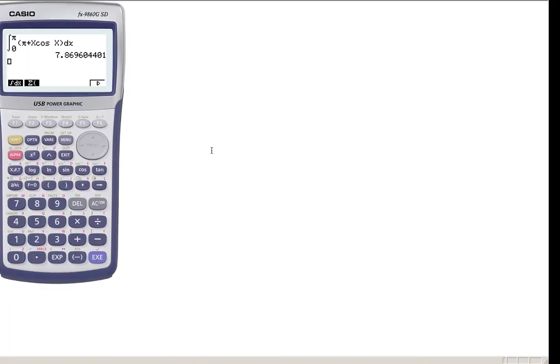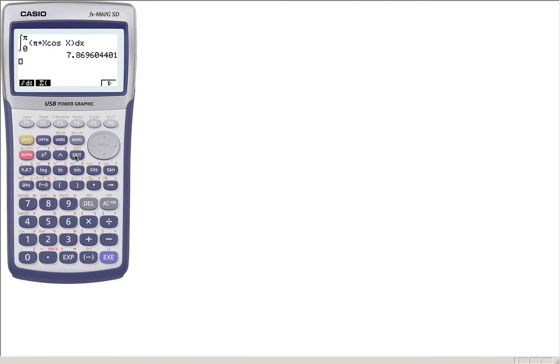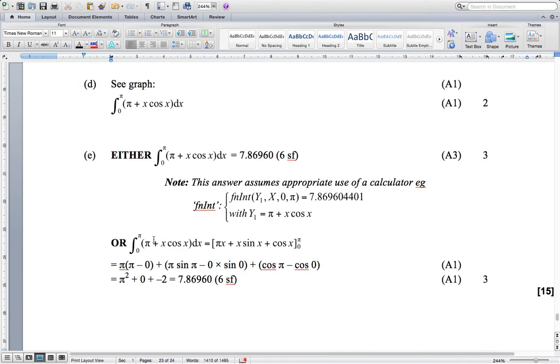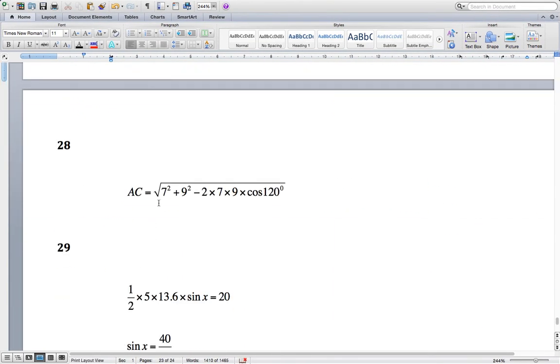So when you use the calculator, okay, so exit. Let me go to run mode. Oh, sorry, this is the run mode. Let me delete everything. Okay, so here the expression is AC equal to square root of 7 squared plus 9 squared minus 2 times 7 times 9 into cos 120.